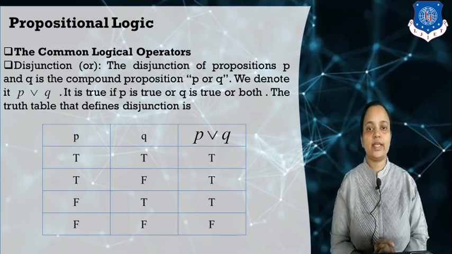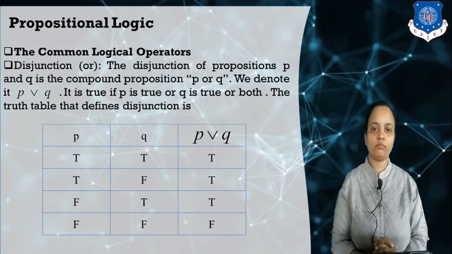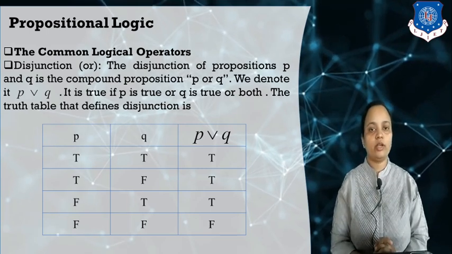Here is the truth table. You can see the values of P and Q and the value of P or Q. All the rows are true except the last row, where P and Q are both false. When P and Q are both true, P or Q is also true.